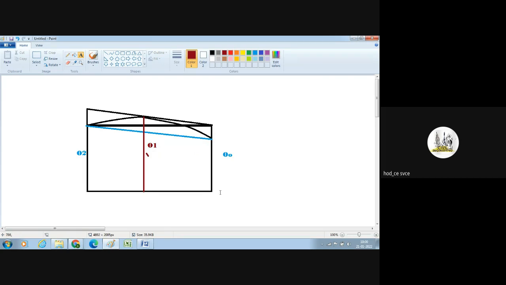That means from here to here the ordinate is O naught, and O1 is from here to here. The curve will be like this, and O2 is from here to here. So this looks like one of the trapezium, and this is a parabolic curve, right?